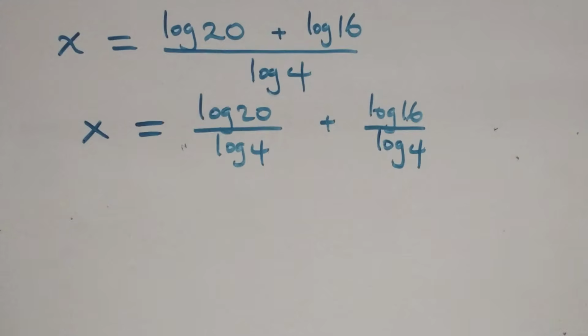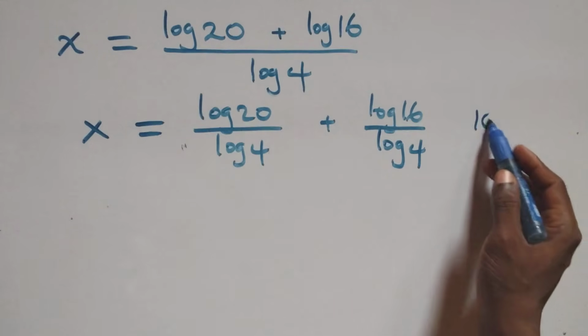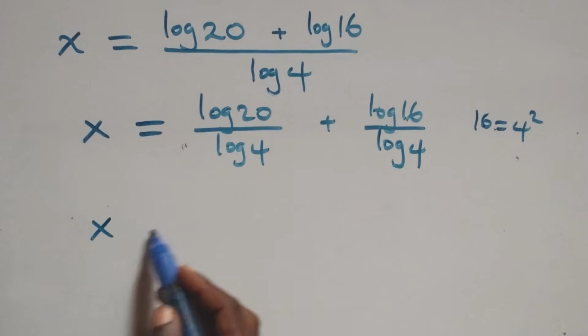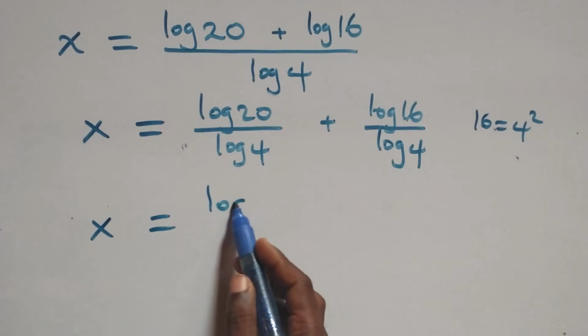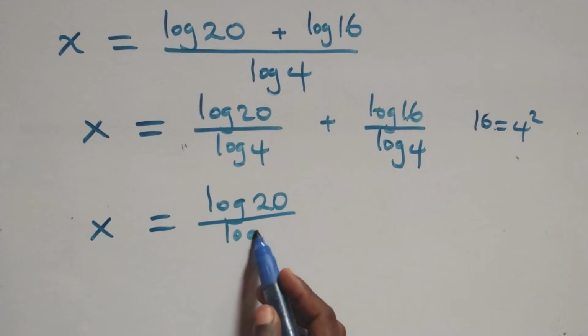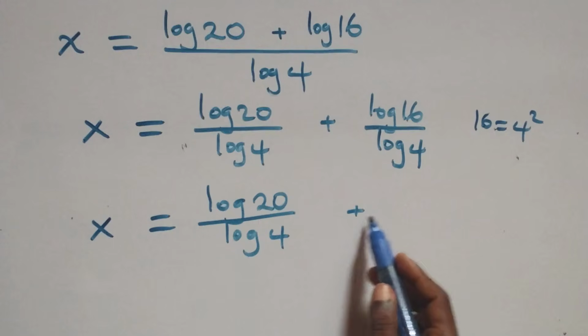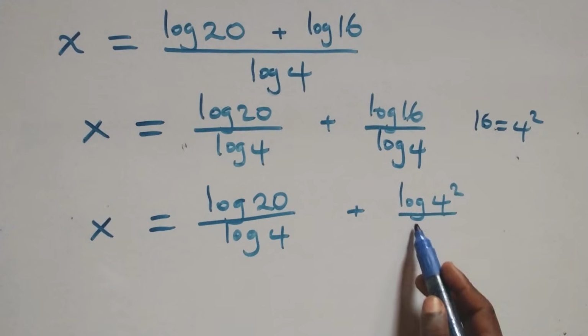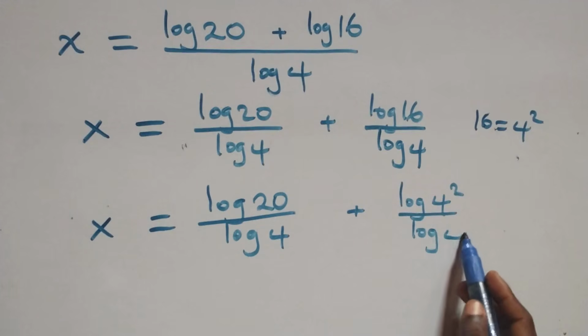That is, from here, 16 can be expressed as 4 times 4, and that's 4 squared. And what we have becomes x equals log 20 over log 4 plus log 4 squared over log 4.